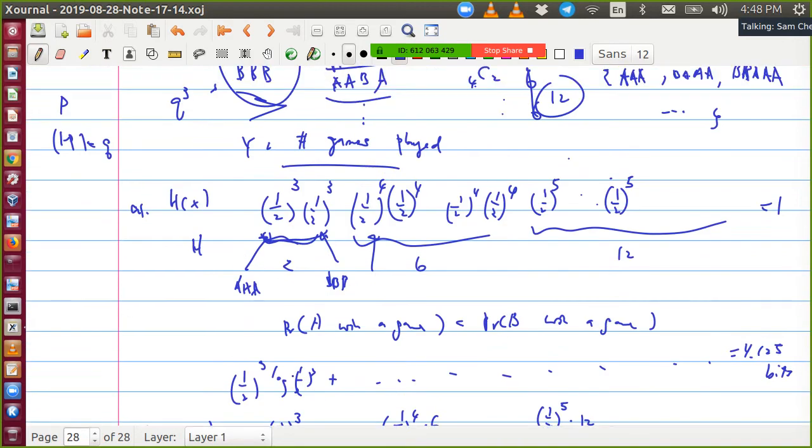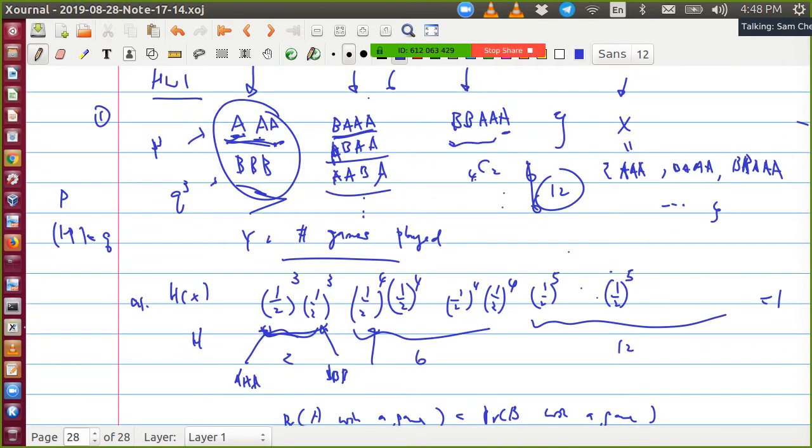Let's say, what's X again? X is the outcome, which means that over the entire tournament, which team wins which game. So the outcome can be AAA, BBB, BAAA, and so on. And Y is just the number of games. So knowing X, for example, I know the outcome is AAA, of course I know how many games have been played.